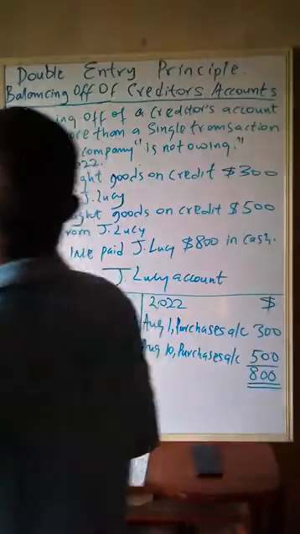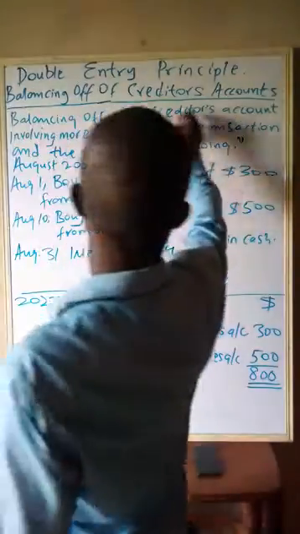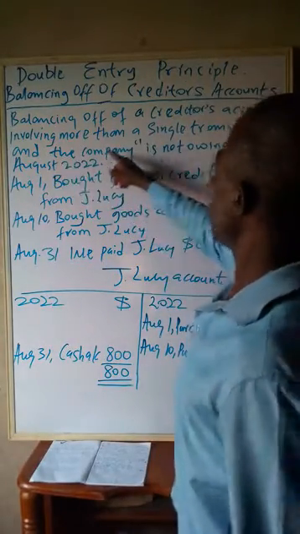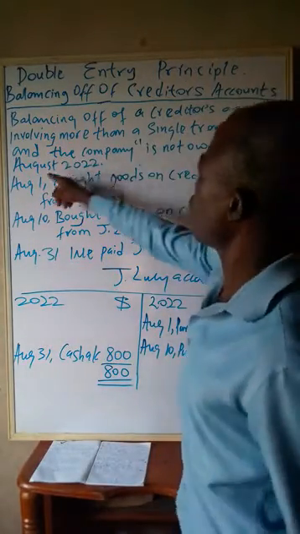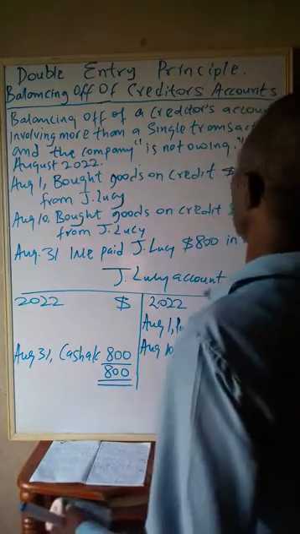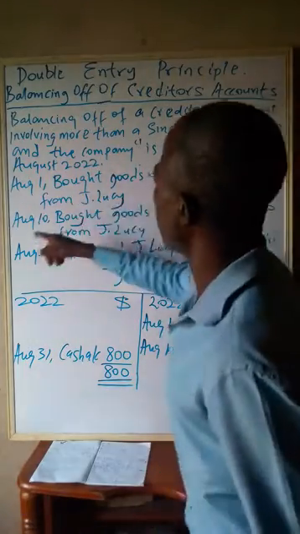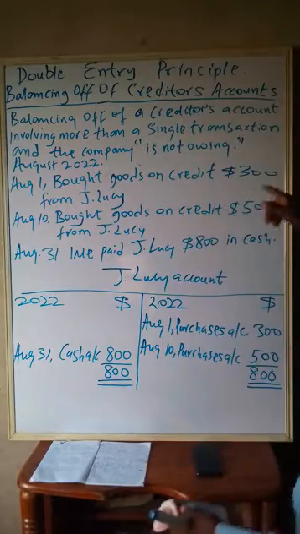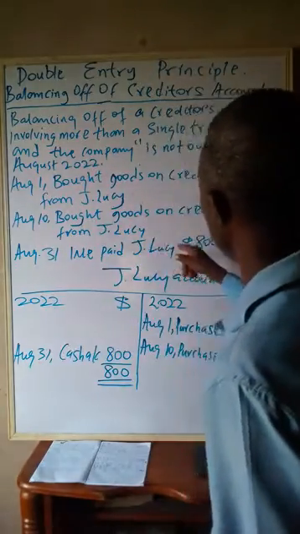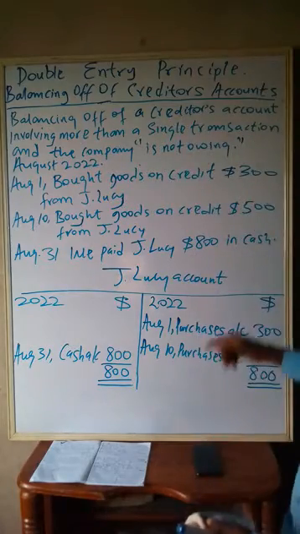So that is that about balancing up of a creditor's account involving more than a single transaction where the company is not owing. August 2022. August 1st, bought goods on credit $300 from J. Lucy. August 10, bought goods on credit $500 from J. Lucy. August 31st, we paid J. Lucy $800 in cash.